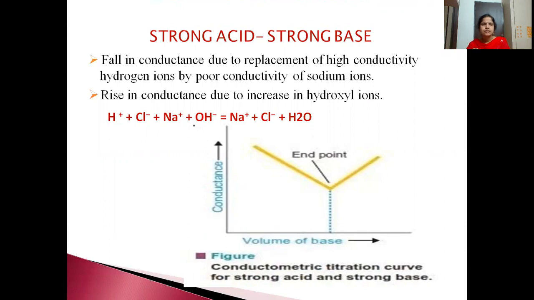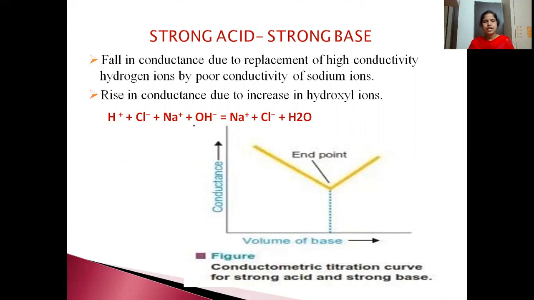We start the reaction by transferring 1 ml of NaOH from the burette into the beaker and then check the change in the conductance. We keep noting down the conductance values for each 1 ml of NaOH added into the HCl.